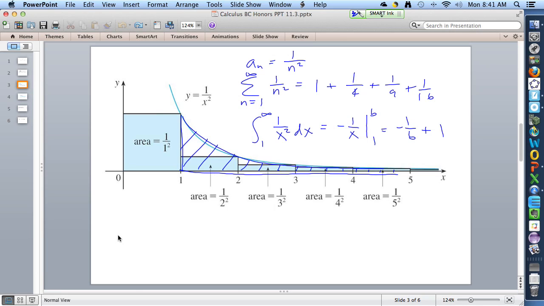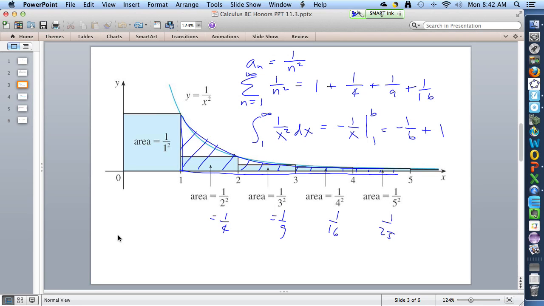And if you look at these rectangles, what's 1 over 2 squared? 1/4, 1/9, 1/16, 1/25. These rectangles, if I add them up, are they greater than or less than the area that you just told me? Less. They're less than.